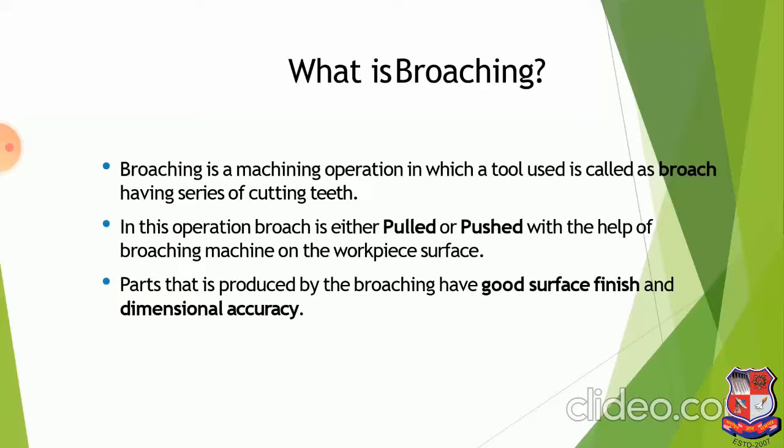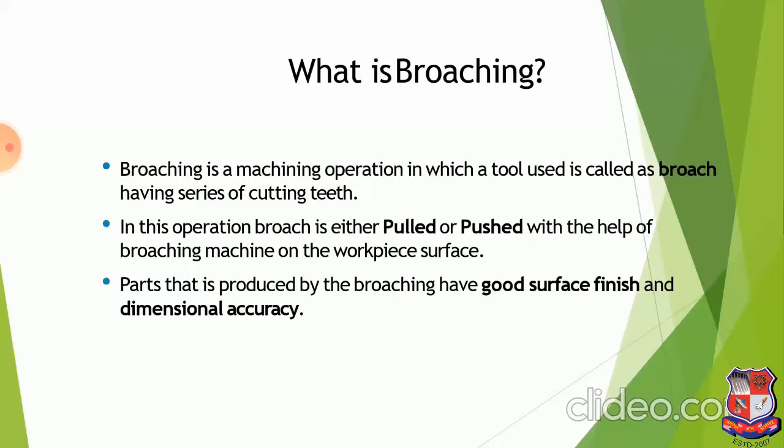What is broaching? Basically in the broaching operation, what we are using is a multi-teeth cutting tool, right? There will be a tool with a certain length, and on that tool we will have teeth of different heights, with the height increasing from tooth to tooth.